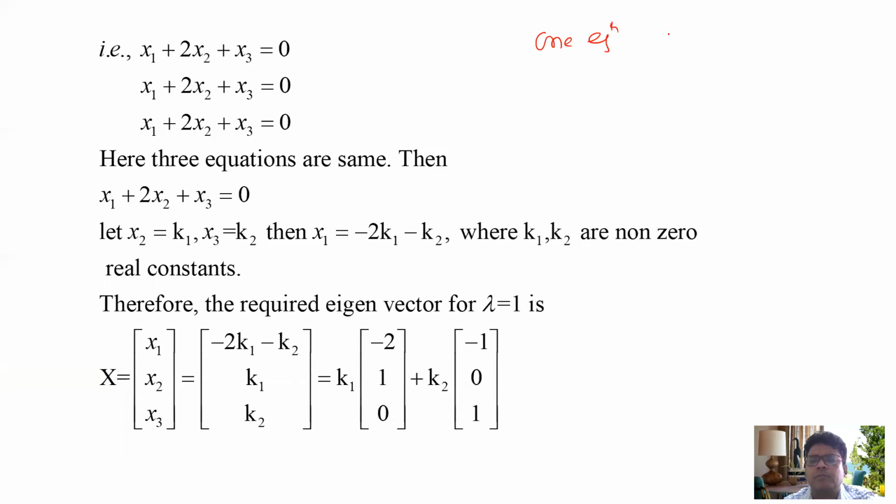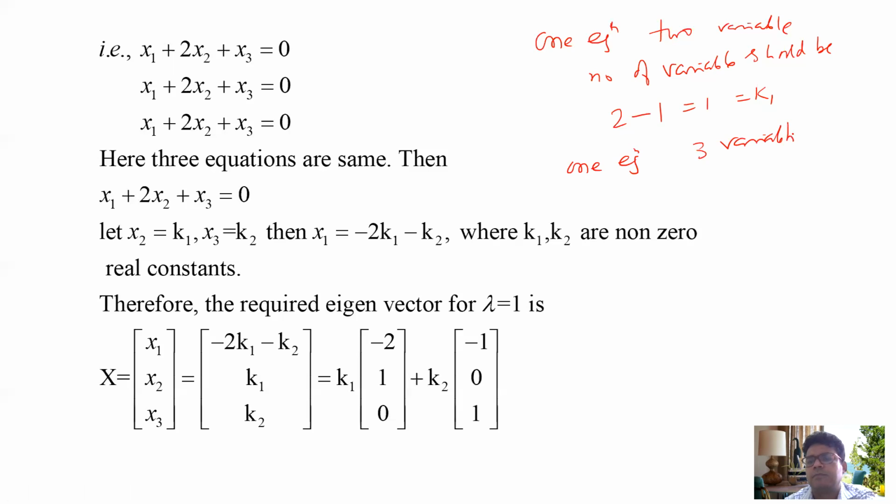One equation, two variables. If I have one equation, two variables, then we should write 2 minus 1, that is 1, equals k1. In the last lecture you can check, but here you have one equation, 3 variables, correct?